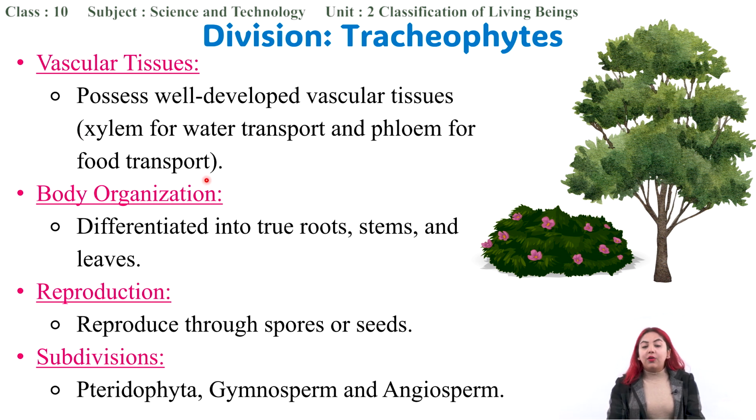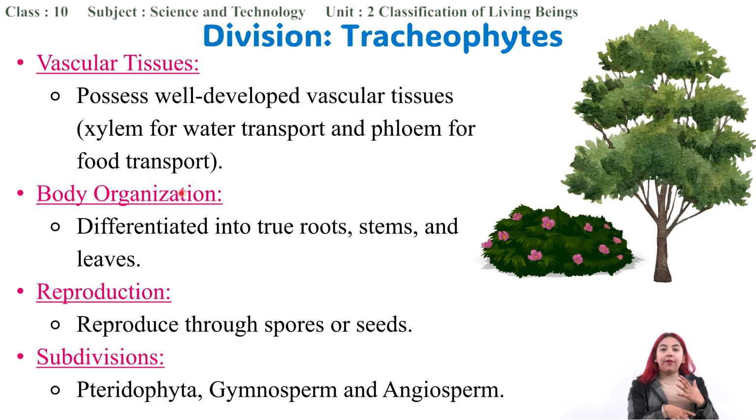Now, let us talk about the organization of the body. For all the divisions of plant kingdom that we studied previously did not have a well differentiated root, stem or leaf. We studied that the algae has a thallus body, that is, it does not have root, stem or leaf.